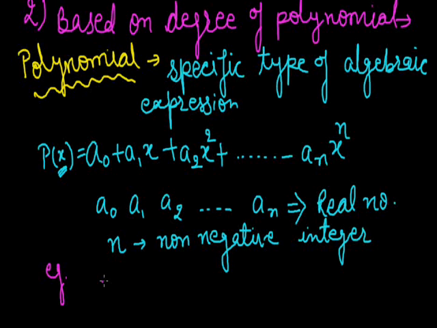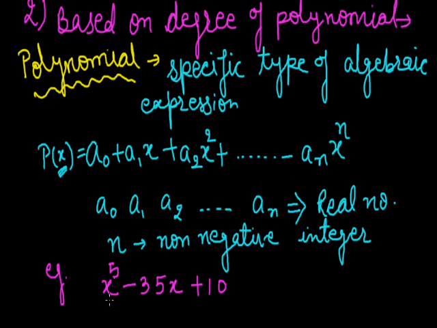For example, x to the power 5 minus 35x plus 10. If we have to check whether the given expression is a polynomial or not, we'll check both conditions, that is, the coefficients should be real numbers and the exponent should be a non-negative integer. For all the terms, the exponents are non-negative.